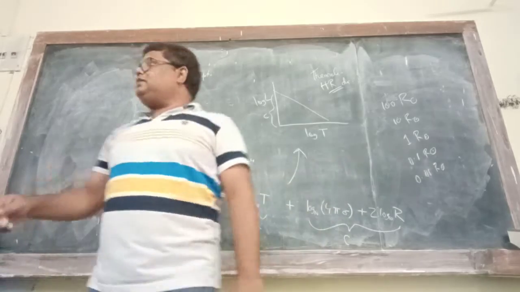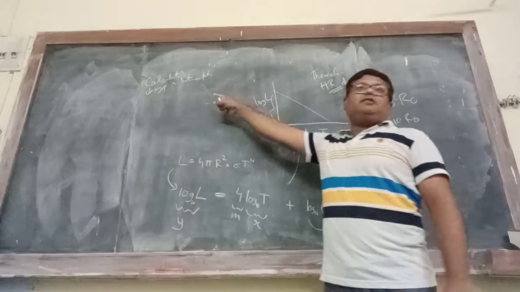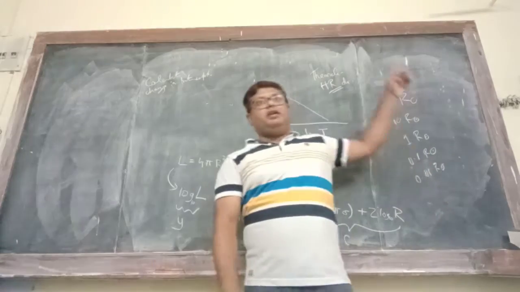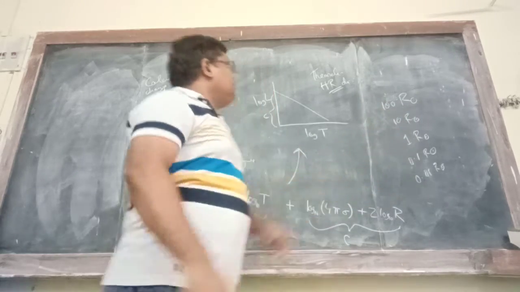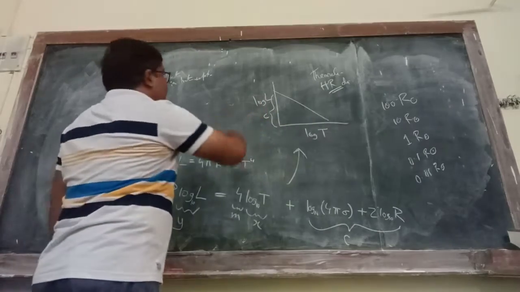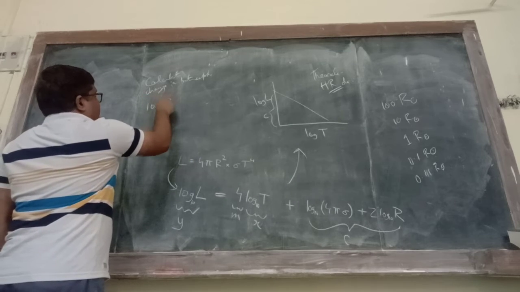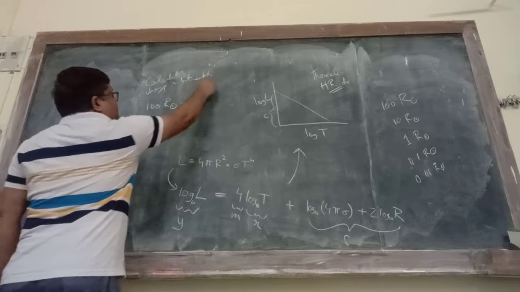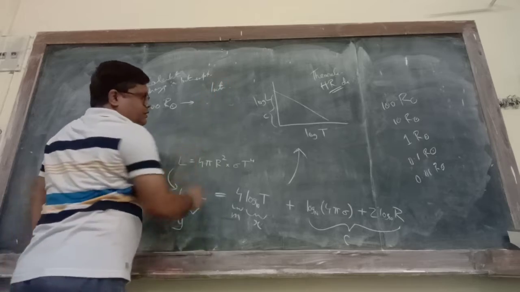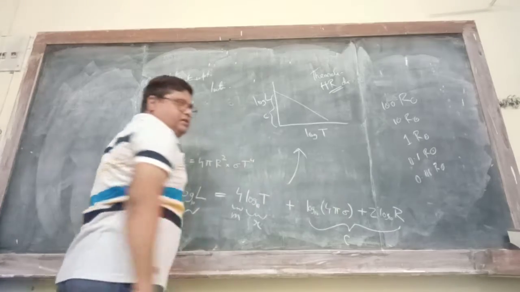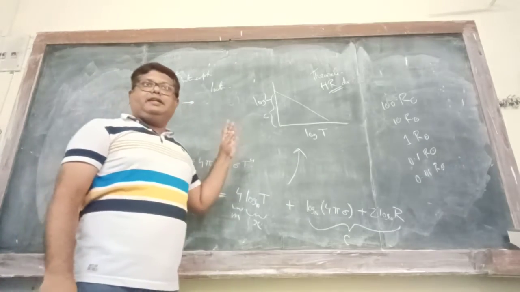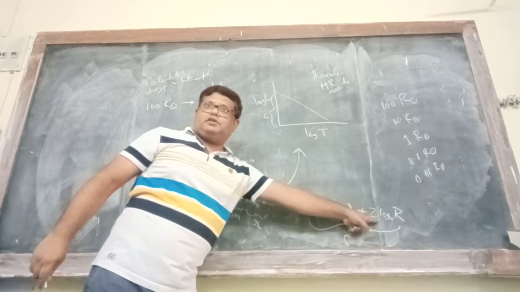So that's why I have written here that let us calculate the change in intercept for each of the cases. Okay? Fine. So let's talk about the 100 solar radii. What is the value of the intercept? This will be fixed. This is constant. So I am not writing it. I am just writing this expression. Okay?